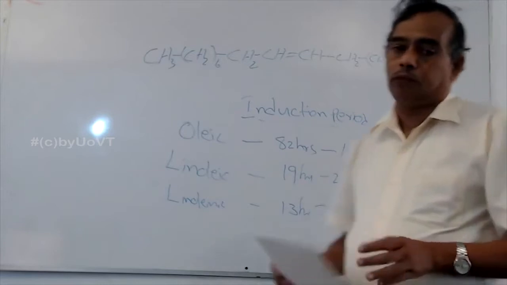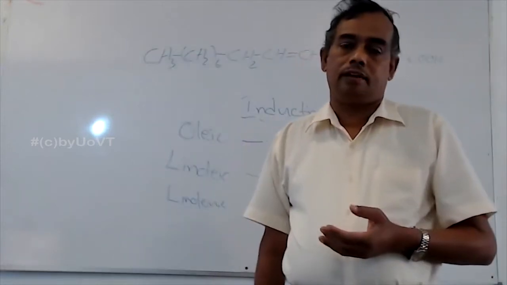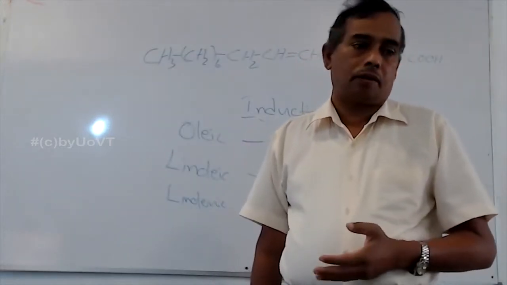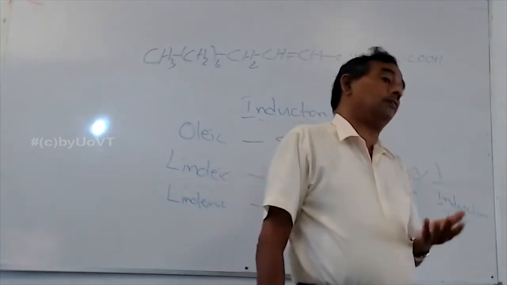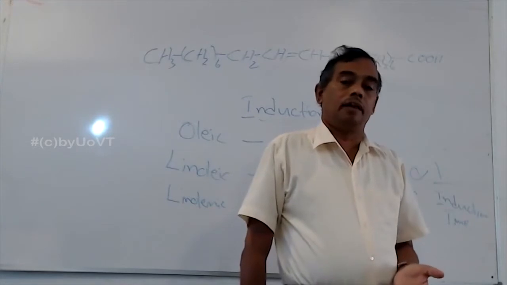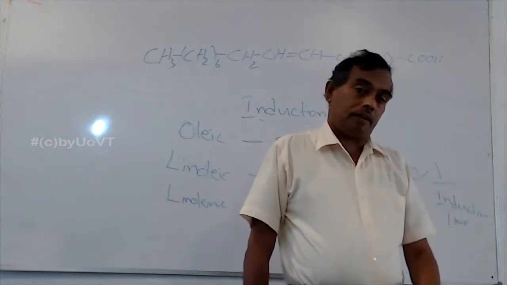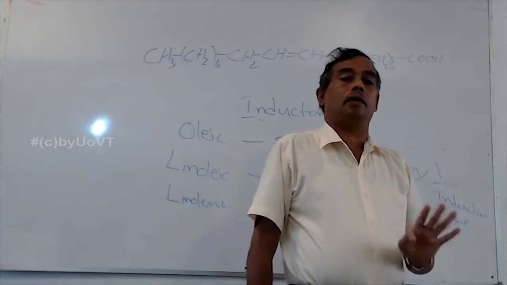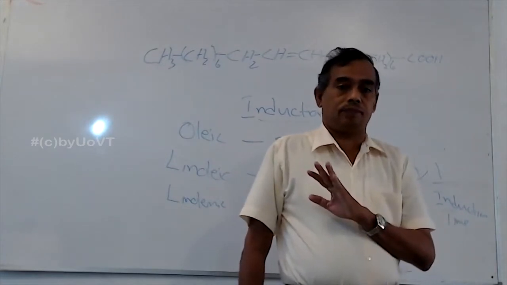Therefore, if you take monounsaturated fatty acid and polyunsaturated fatty acid, polyunsaturated fatty acids tend to oxidize more than monounsaturated fatty acid. If we take saturated fatty acid, we don't worry about auto-oxidation.